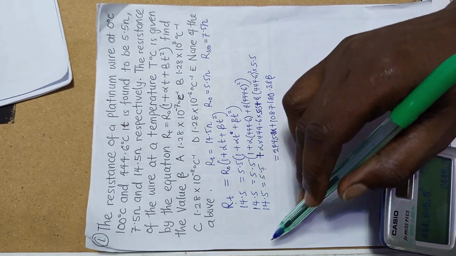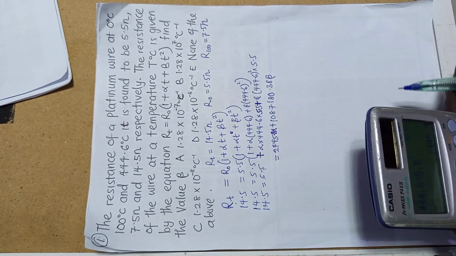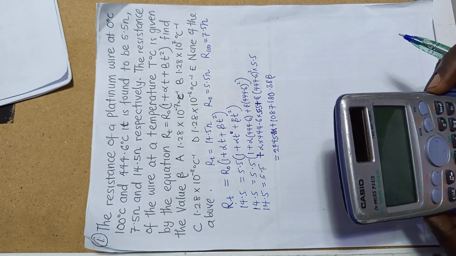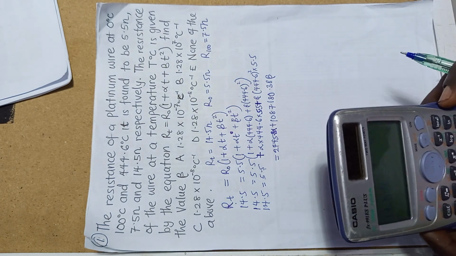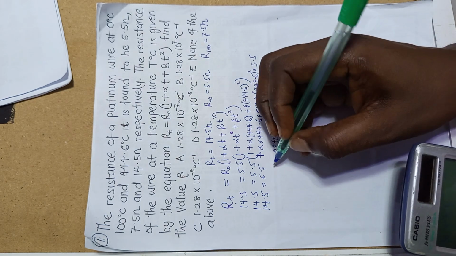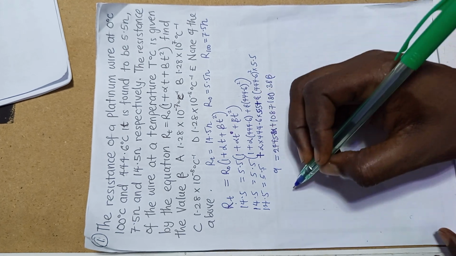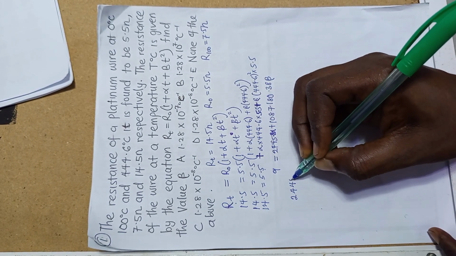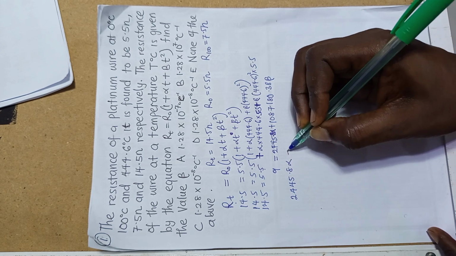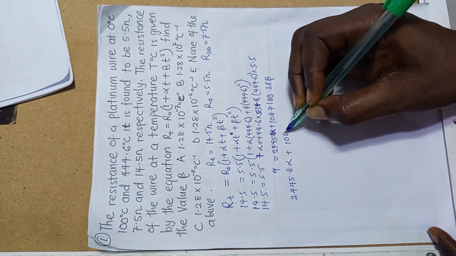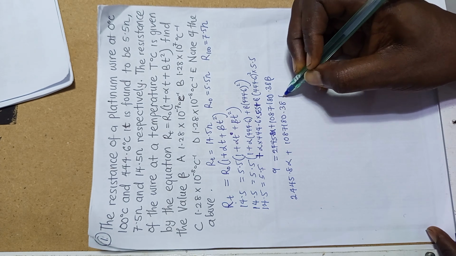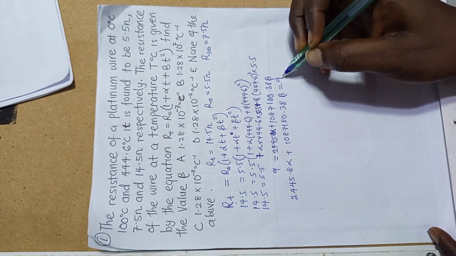Let's take this 5.5 to the other side. So we have 14.5 minus 5.5, which is 9. So our equation 1 will now be 2445.3 alpha plus 1087180.38 beta equals 9.